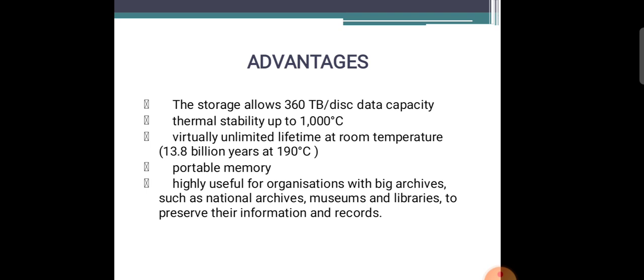Portable memory, highly useful for organizations with big archives such as national archives, museums and libraries to preserve their information and records.